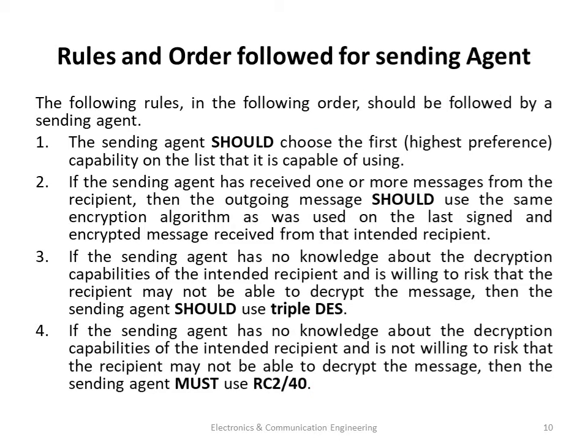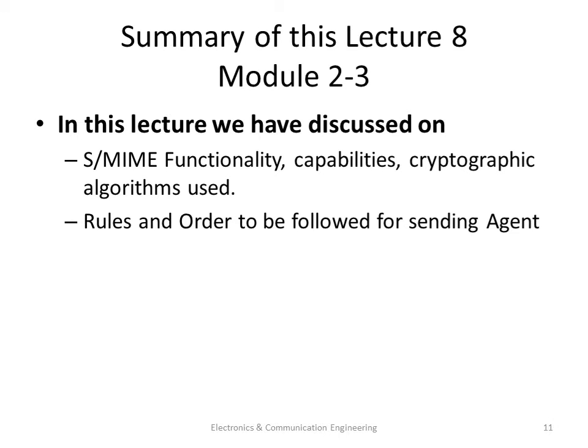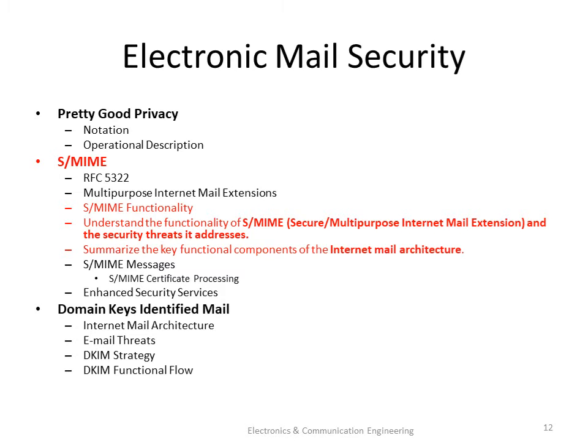We have also specified in the previous table the requirements of the sender and recipient agents. We have also dealt with the rules and order to be followed for the sending agent. So now let us summarize and go to the S-MIME message, the certificate processing and enhanced security services.